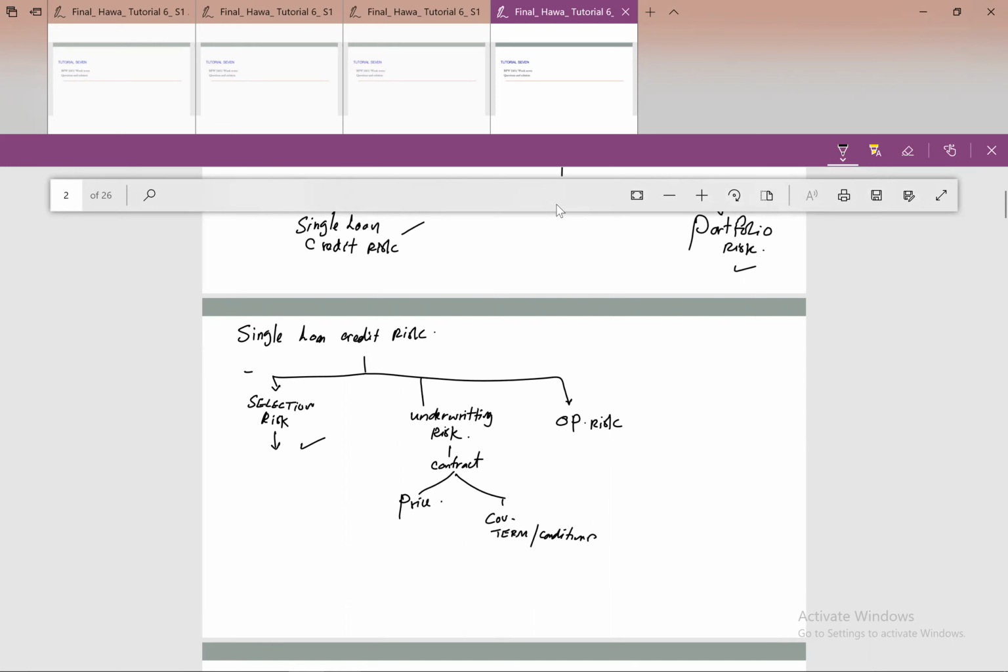After that, we draft the contract, which we call the underwriting risk, and that contract has to be very carefully designed and priced. And then after we give the loan, we have to maintain, keep watching and revisiting the contract, checking that the agreement is going as per the contract.